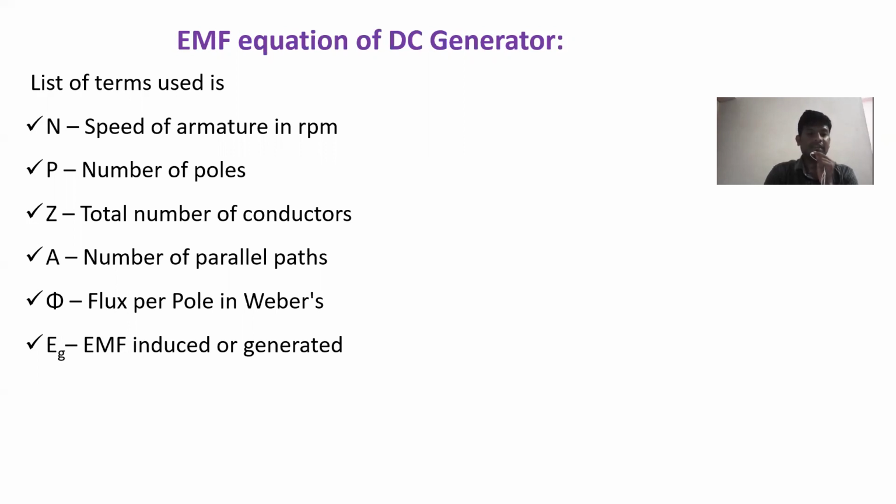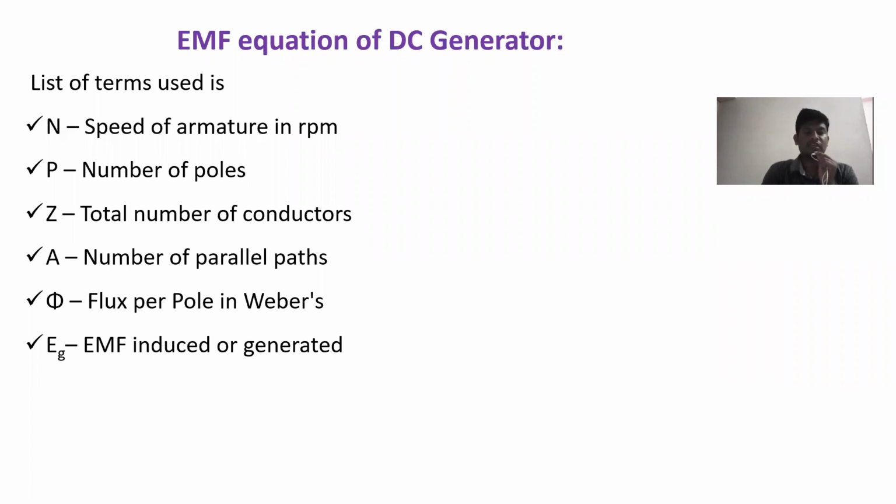Here capital N is the speed of the armature in RPM, that is revolutions per minute. Capital P is the number of poles. Capital Z is the total number of conductors.